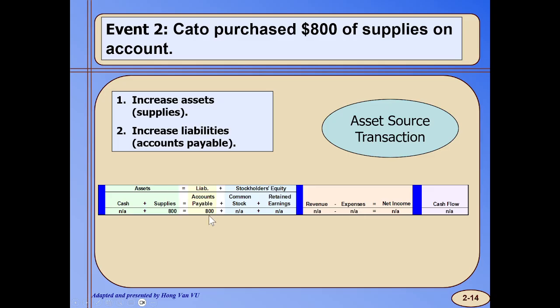Expense recognition is deferred until the supplies are used. The statement of cash flows is not affected also. So here is the effect of this transaction on the financial statement model, and we call this transaction an asset source transaction.